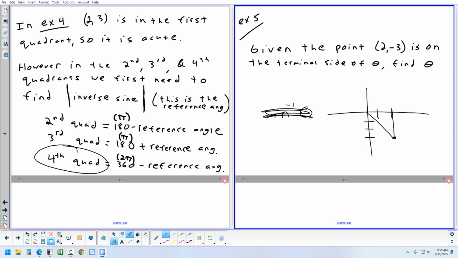There's your triangle. Right 2, down 3. What you are solving for is that. You're going to find that angle right there, and then the answer that I want is that. So this side is 2. This side is 3. That's going to be my reference angle.